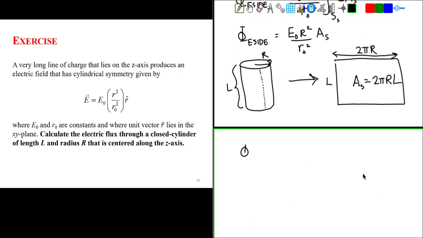This means that the electric flux through the side of the cylinder is equal to E naught R squared times 2 pi R L over little r naught squared.